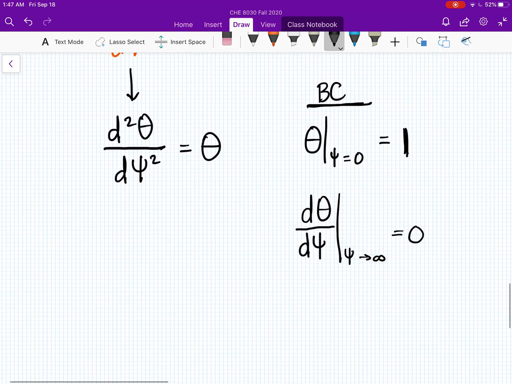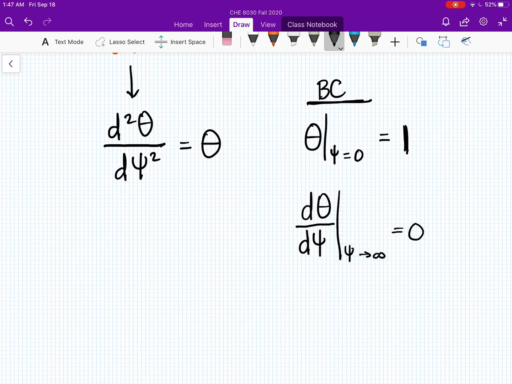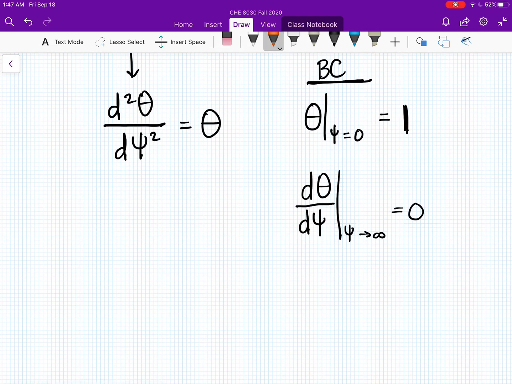It would also not be incorrect, another correct boundary condition here would just be to say that theta as psi approaches infinity is 0. We don't have any A past that thickness of delta into our film.